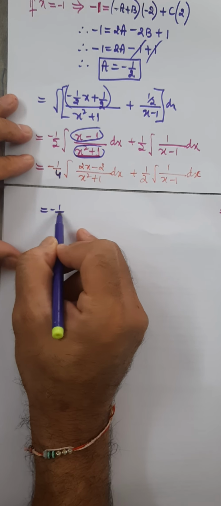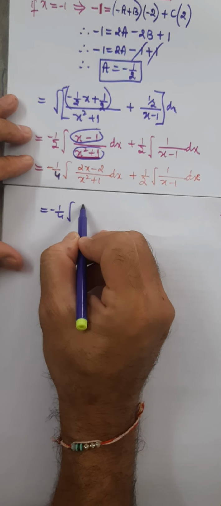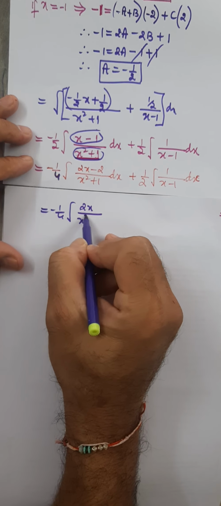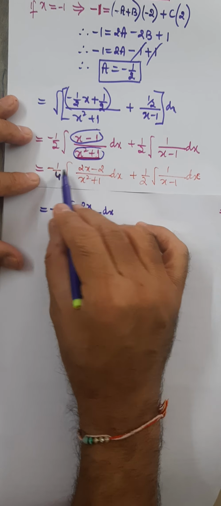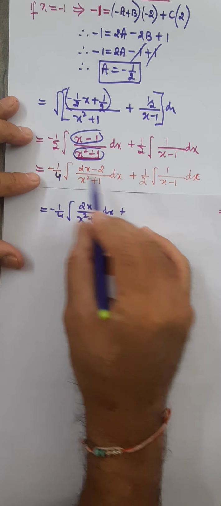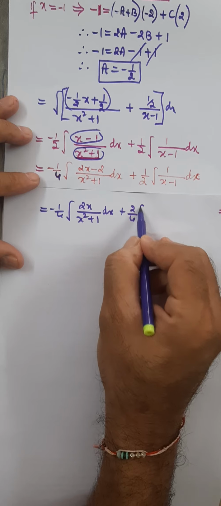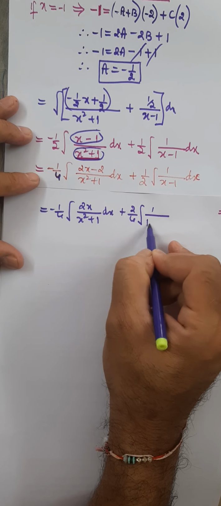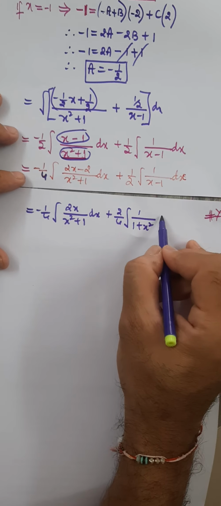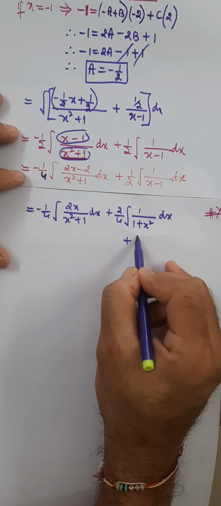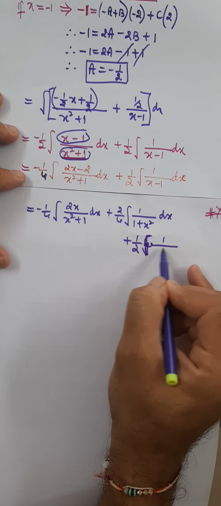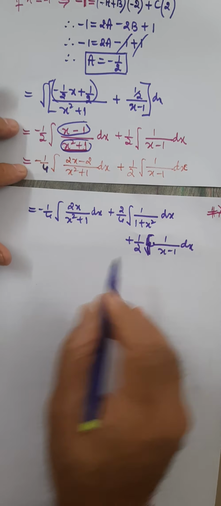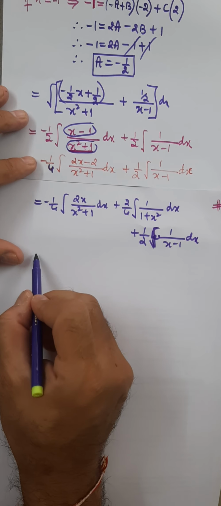So minus 1 by 4, this is 2x upon x square plus 1, plus 2 and by 4 already there upon 1 plus x square, plus this last term as it is, 1 upon x minus 1 whole dx. Now all are the standard functions.